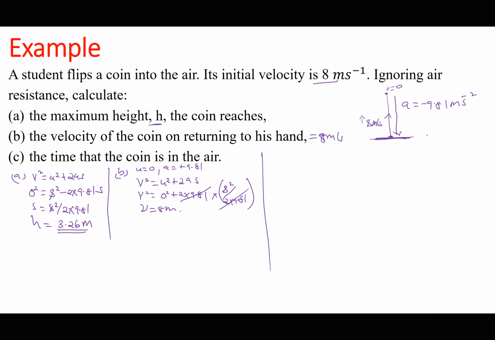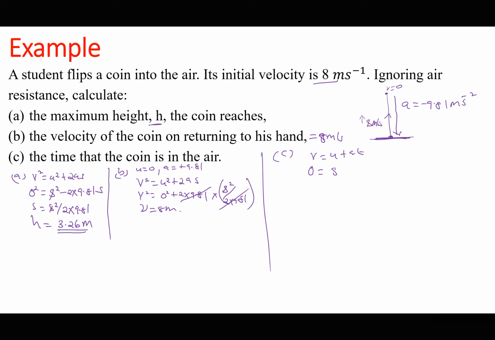As simple as that. Then the time the coin is in the air, so we are taking the time it goes and it comes back. I can find the time it goes upwards first from v equals u plus at, then I can multiply this by 2. At the highest point, remember velocity is 0.